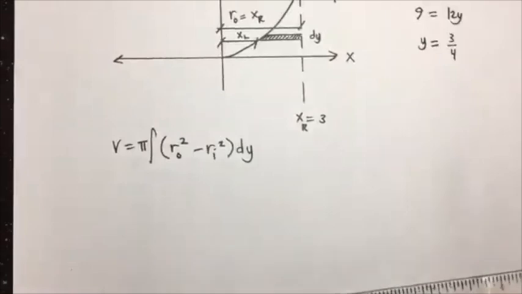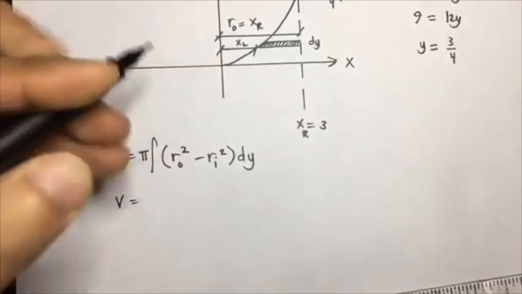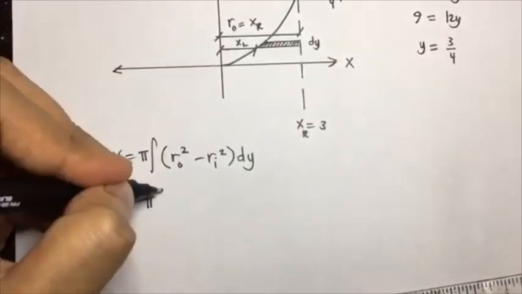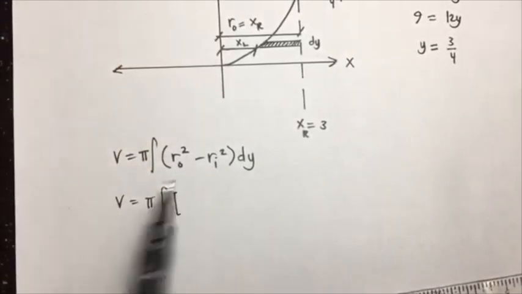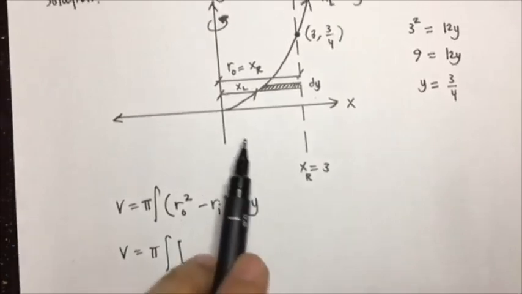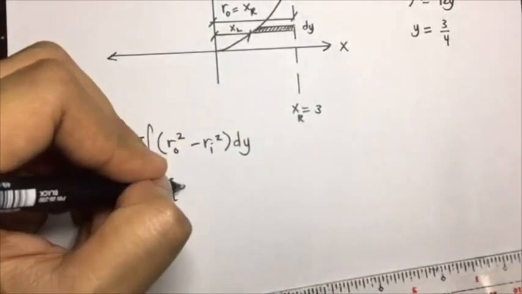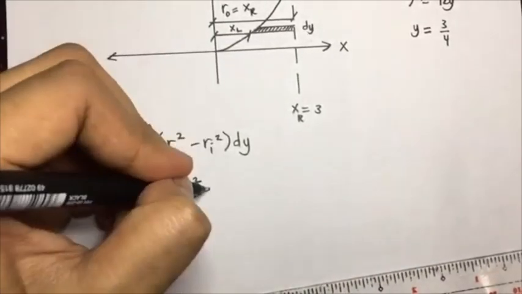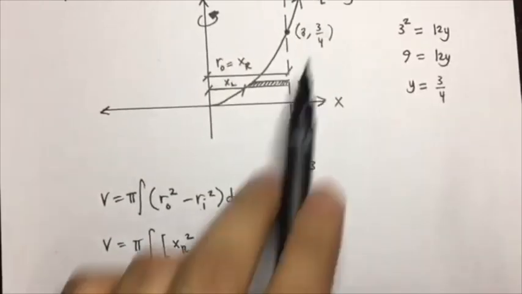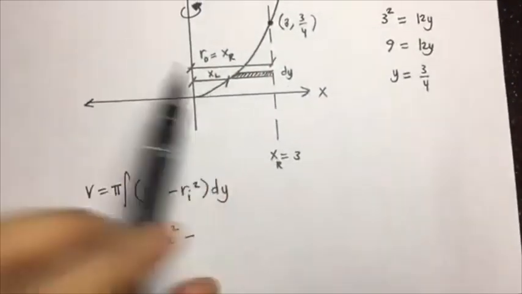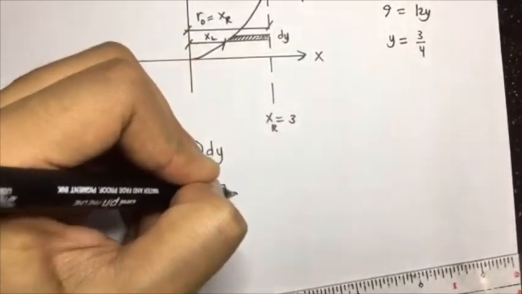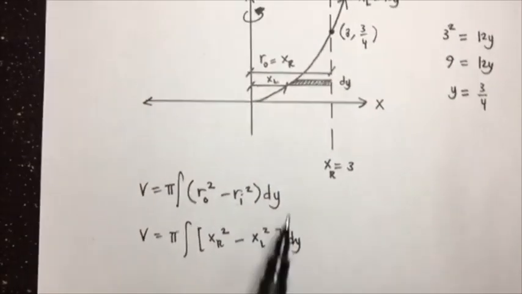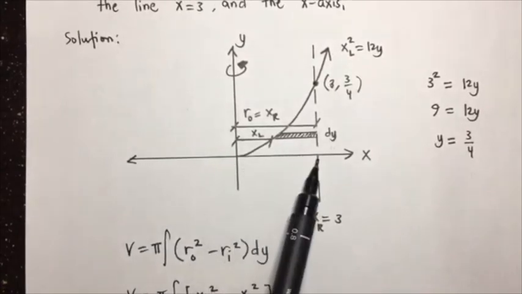So therefore, we will have V equal to pi integral of RO, which is XR, minus RI, which is XL, squared dy, where y goes from 0 to 3 over 4.